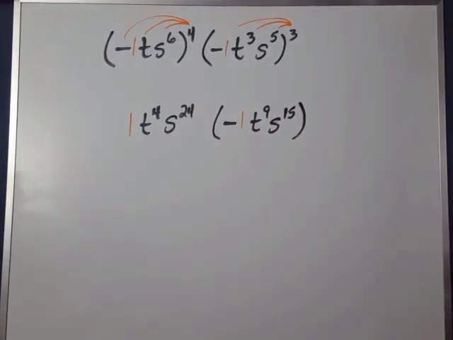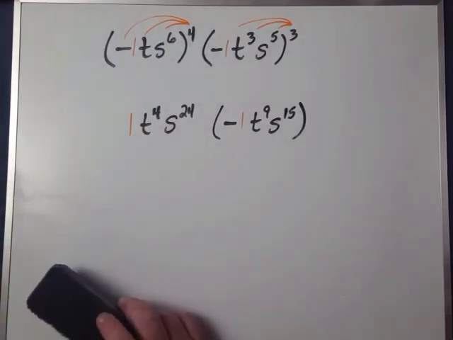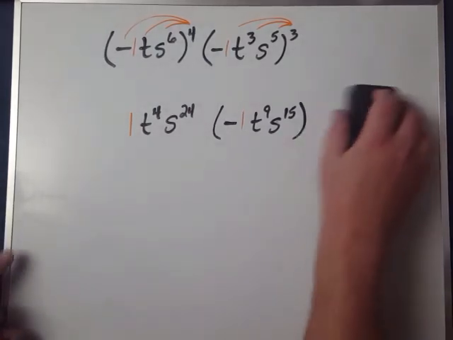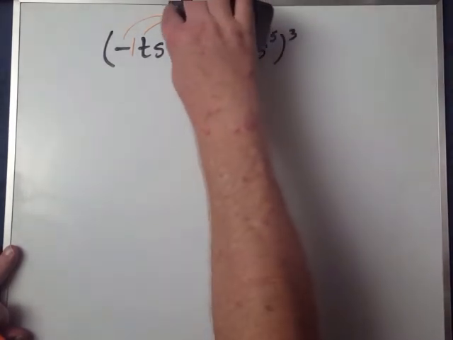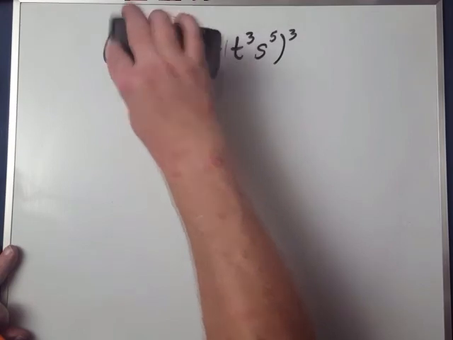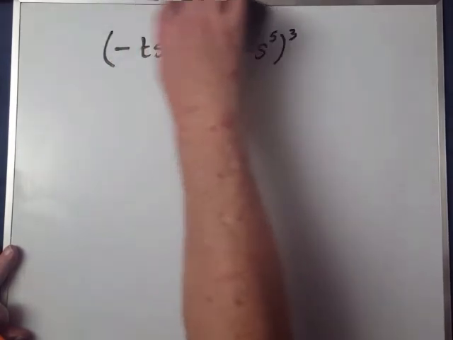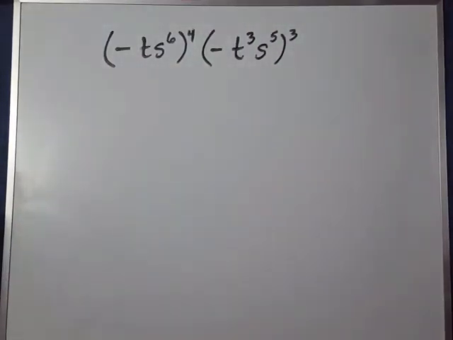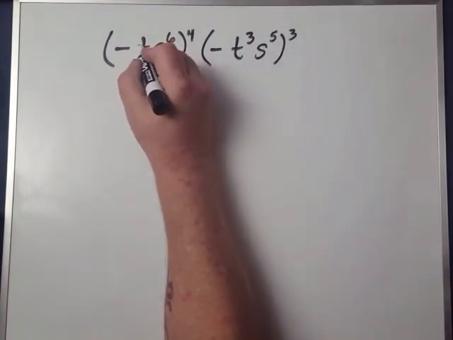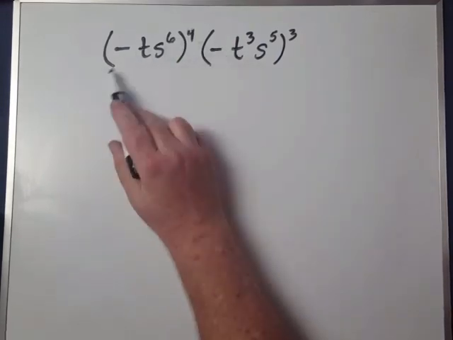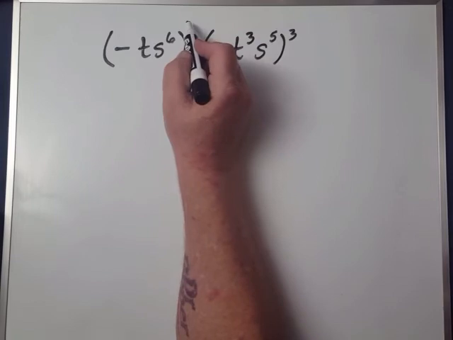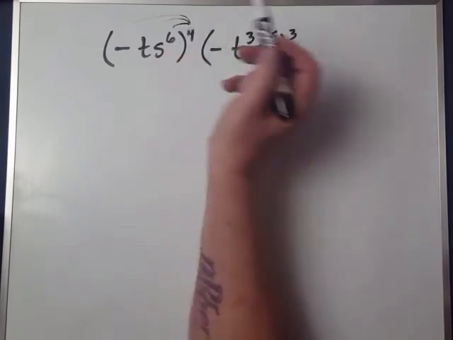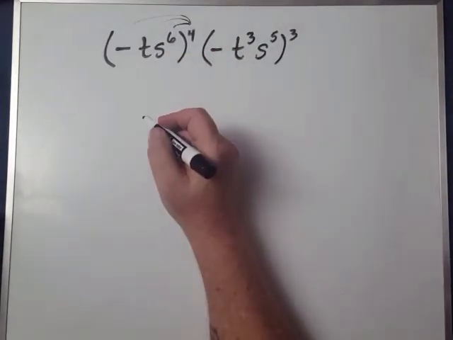Let's do that step again, except this time I'm not going to show the 1s. Simplify. To drop this first set of parentheses, I'm going to bring this power of 4 in on the negative as well as the t and s factors.